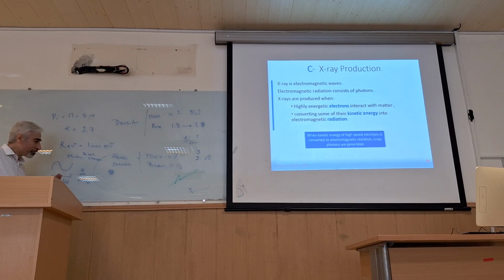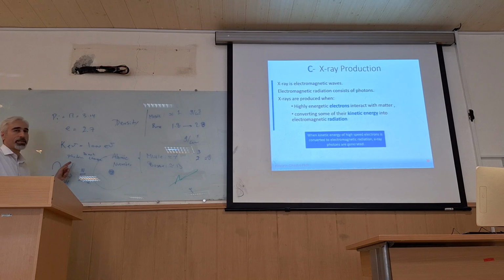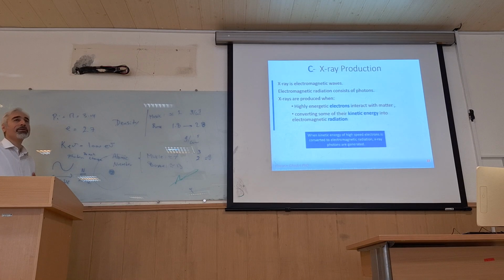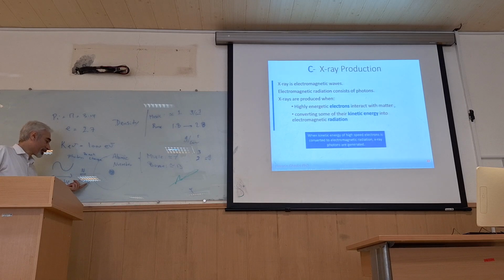So, in terms of wave, we can say that the X-ray is a smaller electromagnetic wave, and the visible light is a larger wave. In terms of energy, we can say that X-ray is high energy photons, and the visible light is low energy photons.